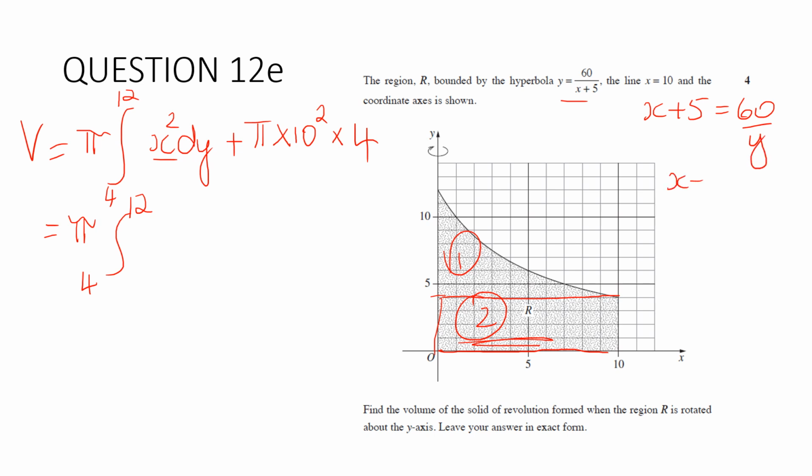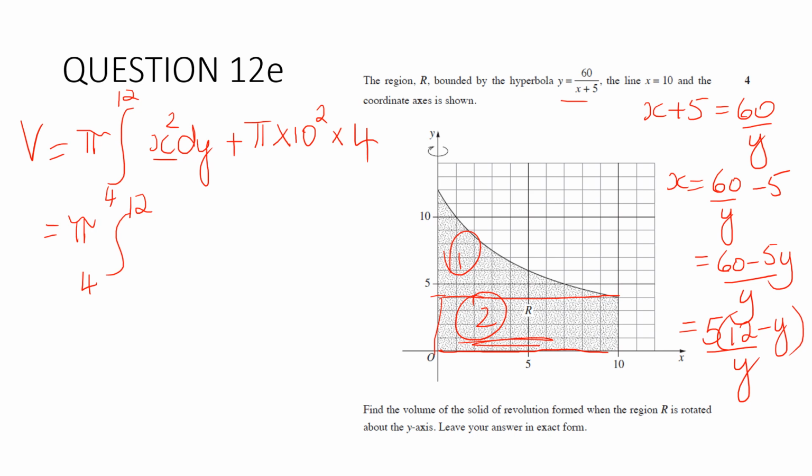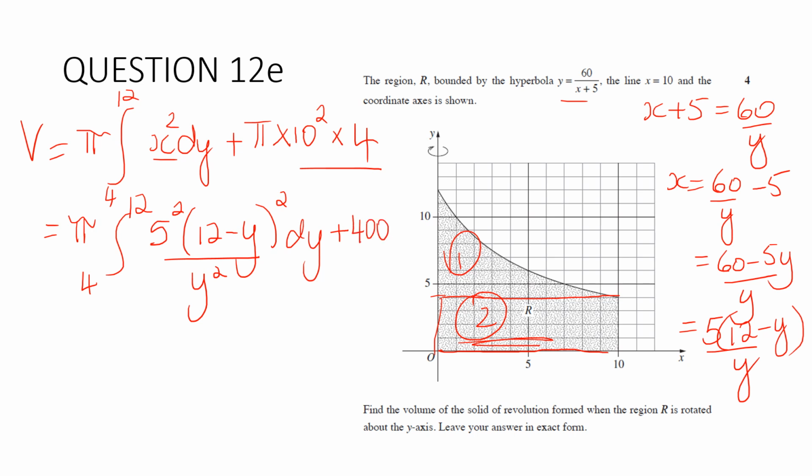x is equal to 60 over y, take away 5, which is equal to (60 minus 5y) on y, and factorising that 5 out, we get 5 brackets (12 minus y) all over y. And then we've got to square it. So 5 squared, (12 minus y) all squared, all over y squared, dy plus 400 pi equals pi integral.